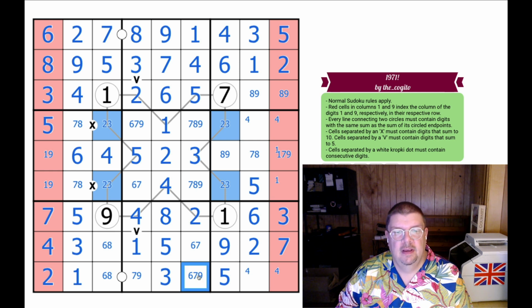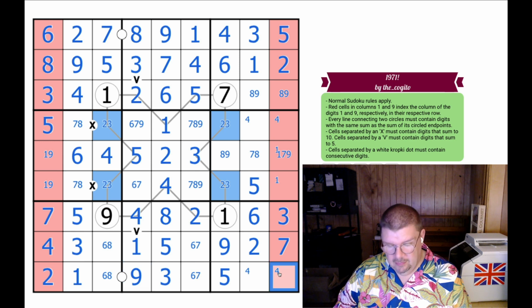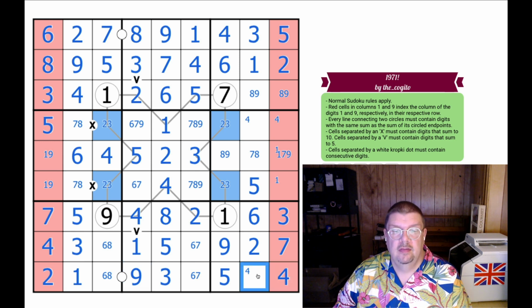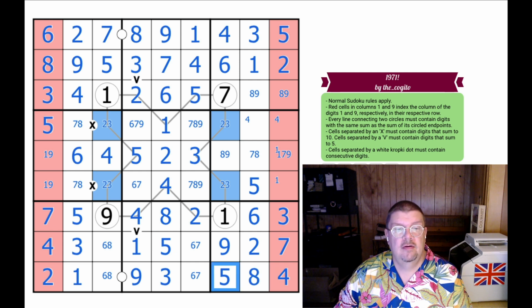This can't be a 9 because this would have to be a 6. So that's the 9, making this 4. This is an 8 to complete the row.